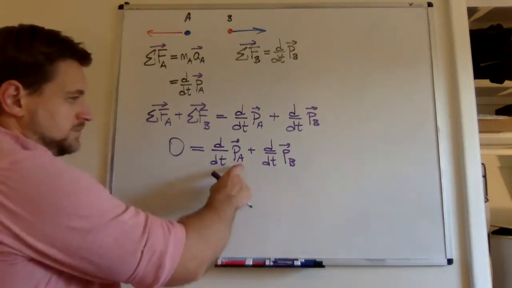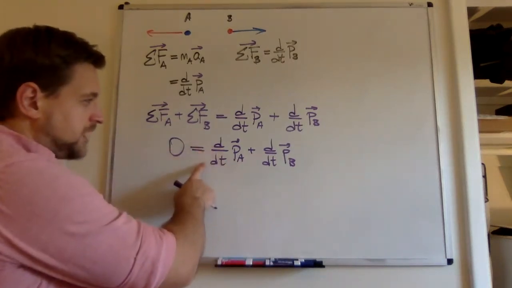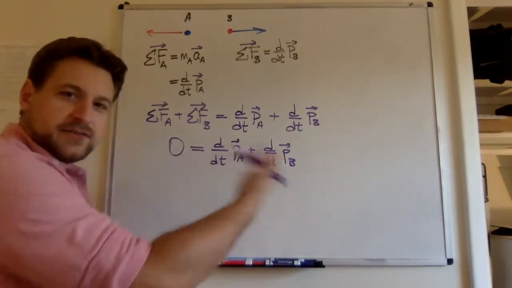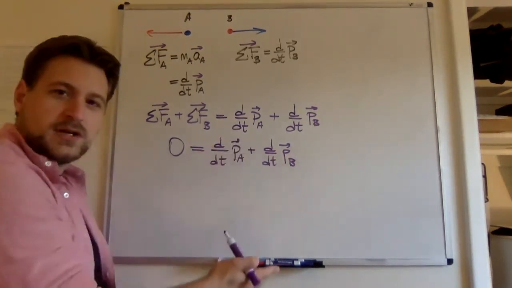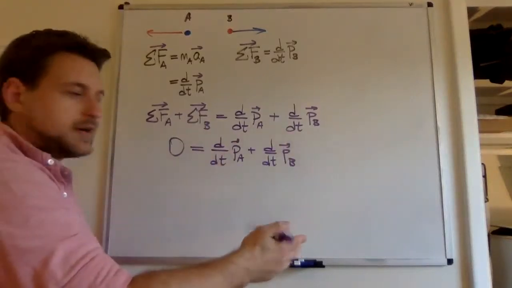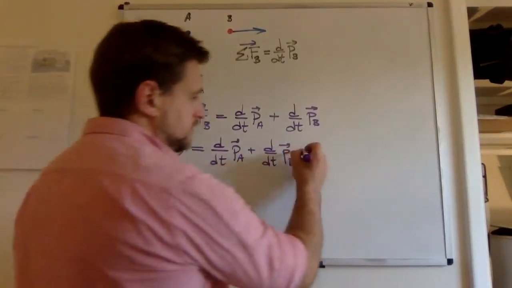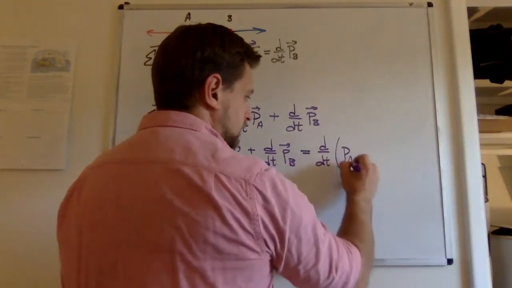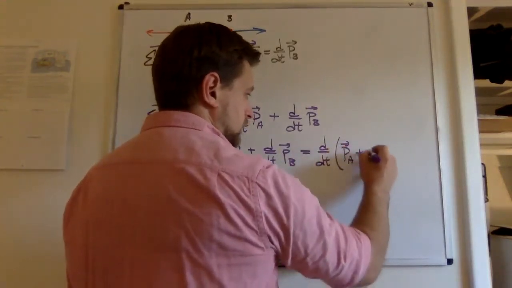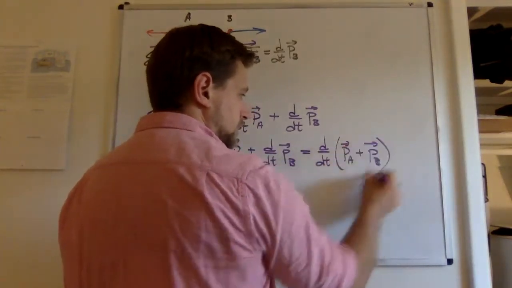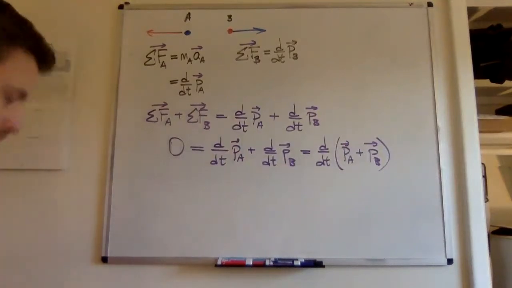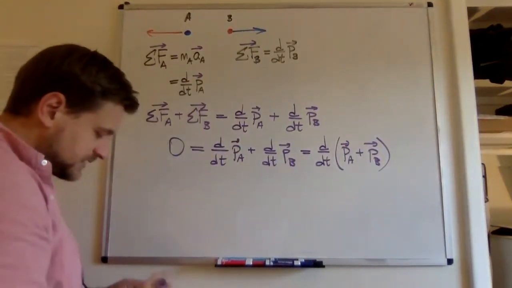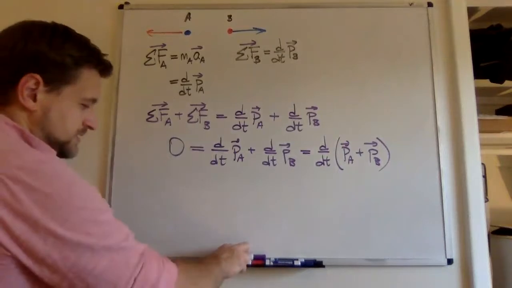The other thing: this time derivative operator is the same operator, and we know that it is linear. In other words, we can distribute the derivative operator through a sum, so we could write it this way. Okay, so let's unpack the consequences here a little bit.